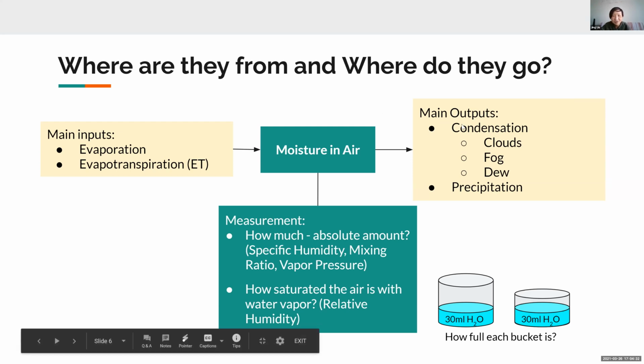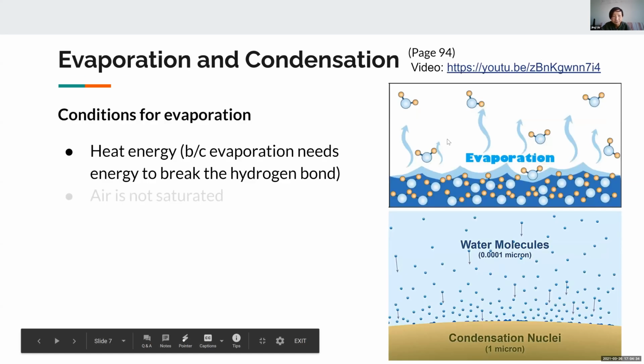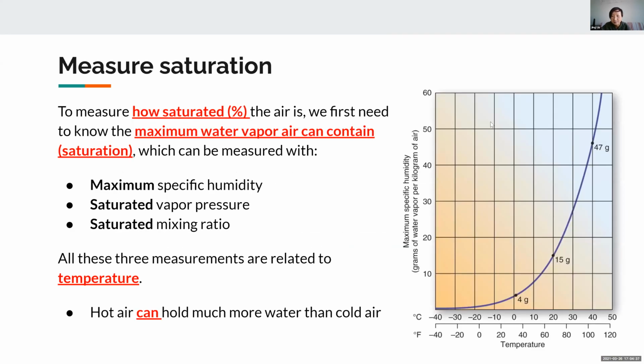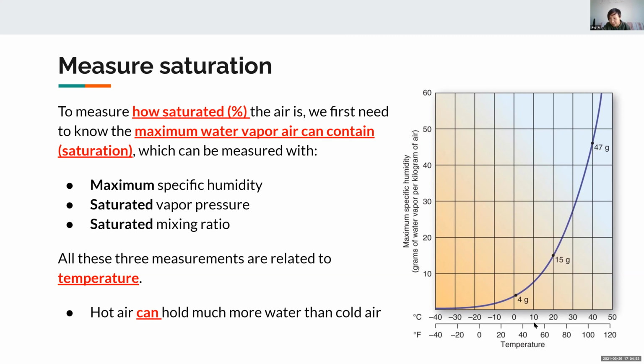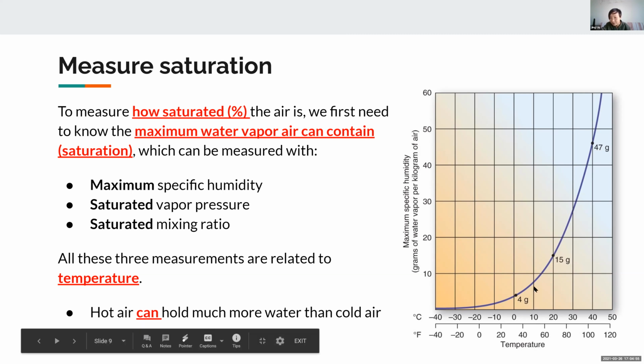Let me show you, you can look it up. Let me show you that chart. Here we go. You can look it up using this chart, and you can see it's solely determined by temperature. For example, at 10 degrees Celsius, or 50-ish Fahrenheit, the capacity is about 8 grams per 1 kilogram of air.